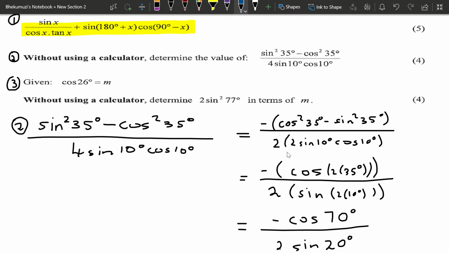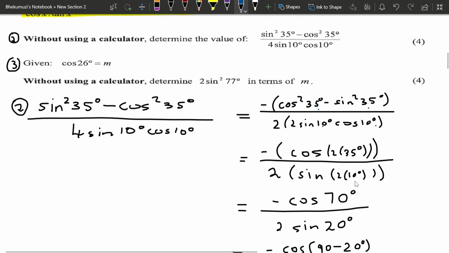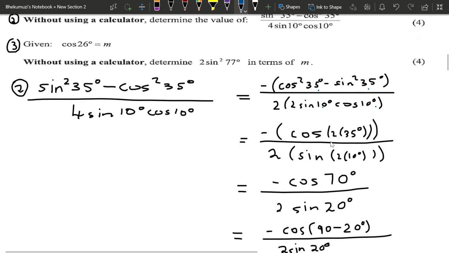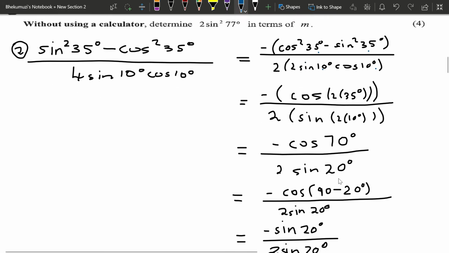So then you would have 2 times 2 sin 10° cos 10°, and because these are the same, you can write it as a double angle of cos 2(35°) and sin 2(10°). Then cos of 2 times 35 gives you 70°, and 2 times 10 gives you 20°. And then I know that 90 minus 20 gives me 70.